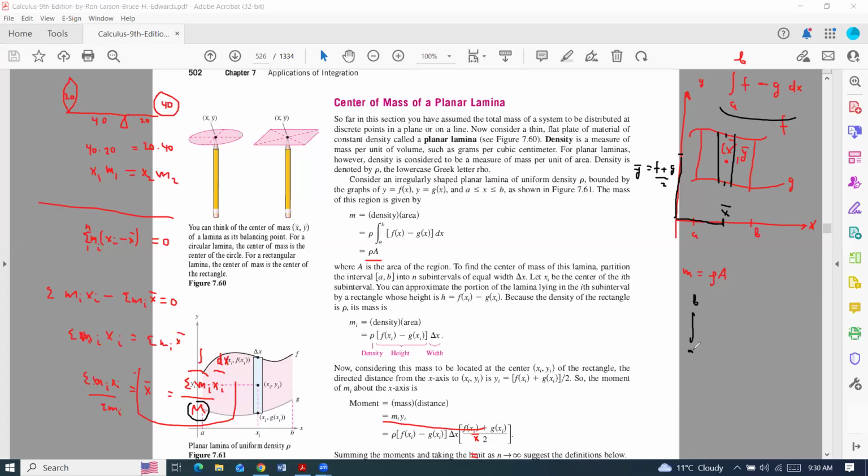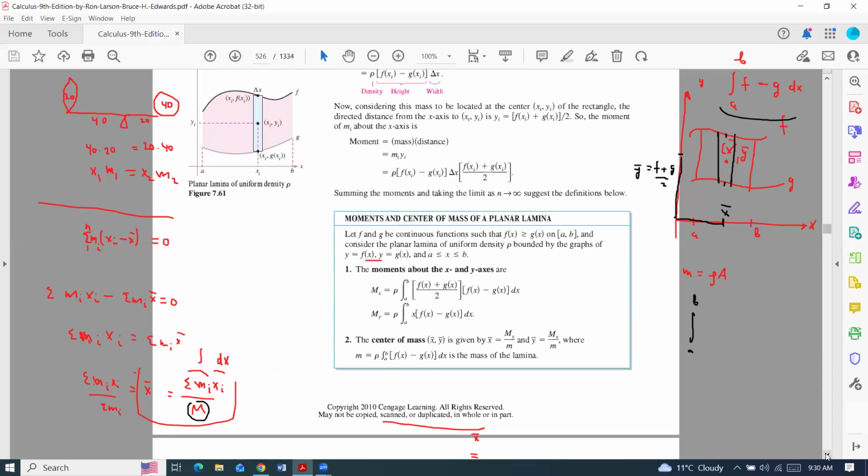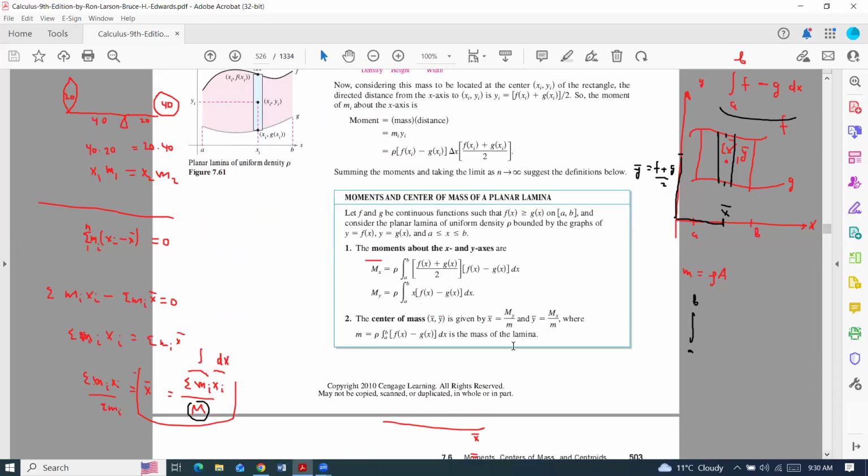And then we're going to produce the actual formulas that they nicely provide us in here. So the mx. So for mx, notice that this is my y coordinate. Remember, I just said that we have to take the y coordinate for mx and the x coordinate for my.